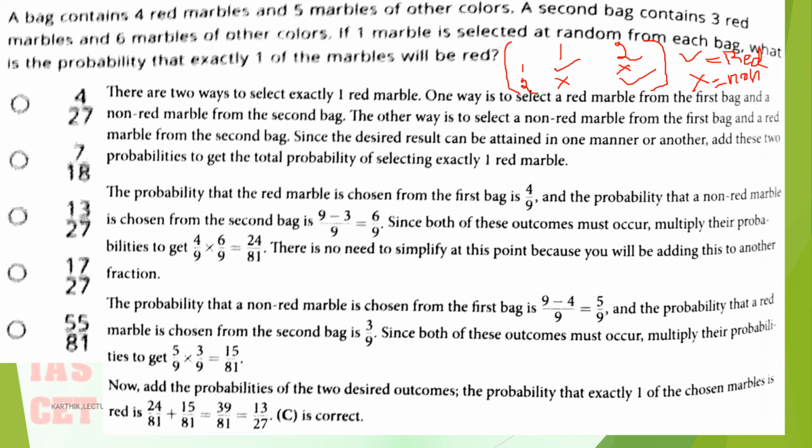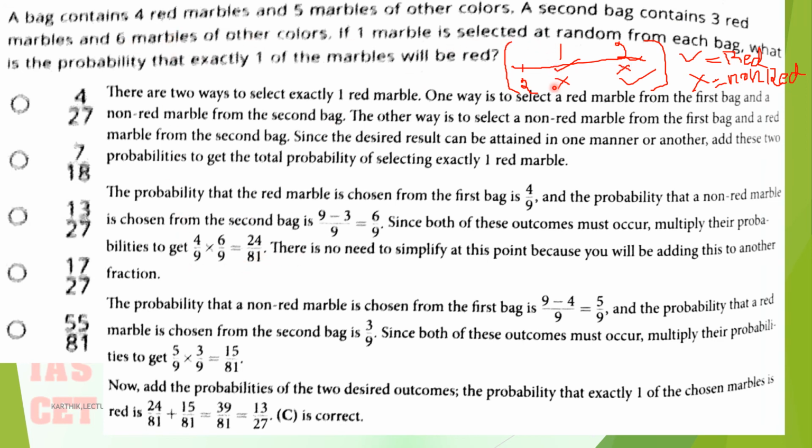From the first way, you are taking one from the first bag, a red color marble, and from the second bag, a non-red color marble. So from the first bag red color, 4 divided by 9. The total number is 9, 4 plus 5 is 9. And from the second bag, non-red color marble, that is 6 divided by 9.